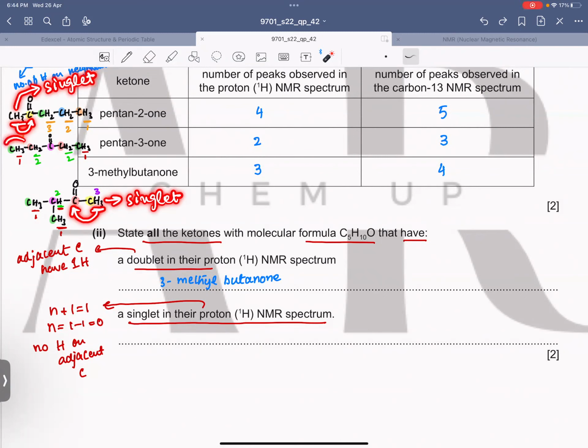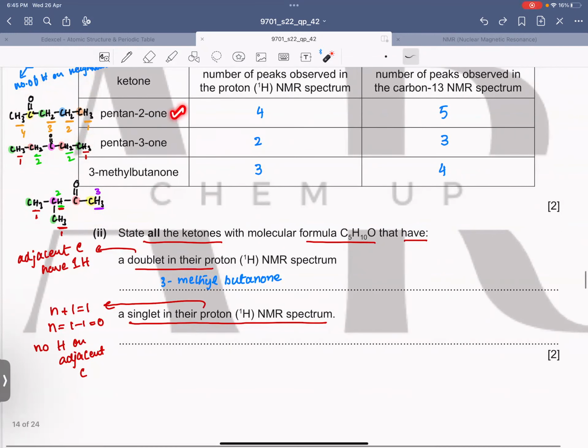But in this other compound, we are not going to observe a singlet. For example, if I look at this hydrogen, this neighbor doesn't have a hydrogen, but this neighbor does have 3 hydrogens. So this is going to split into a quartet. So for the next part, where they have asked for a singlet, the answer would be these 2.